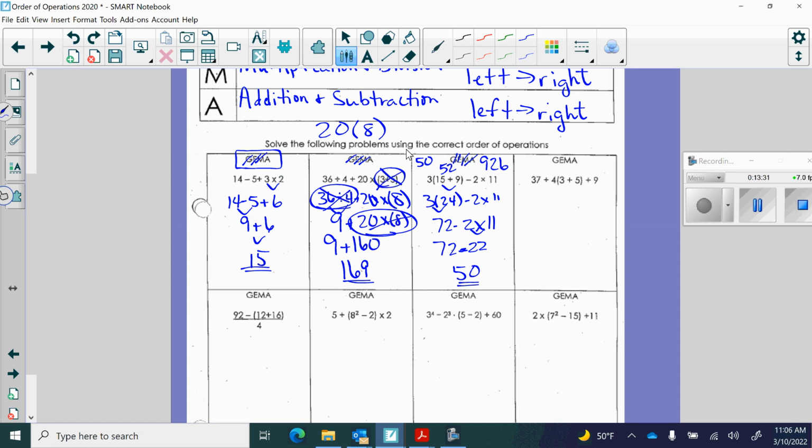Who thinks they have this answer? Kaylee? 78. Nice. Does anyone have something other than 78? Avi? You did it? I guess okay. Luna? Thank you. 82. Anything else? JJ? Good job. 325.